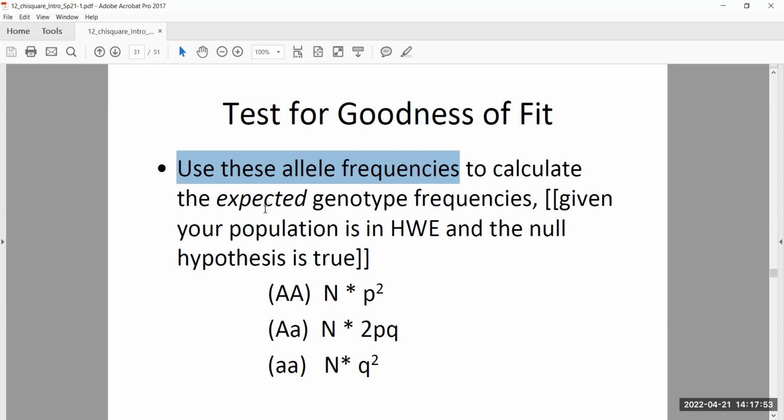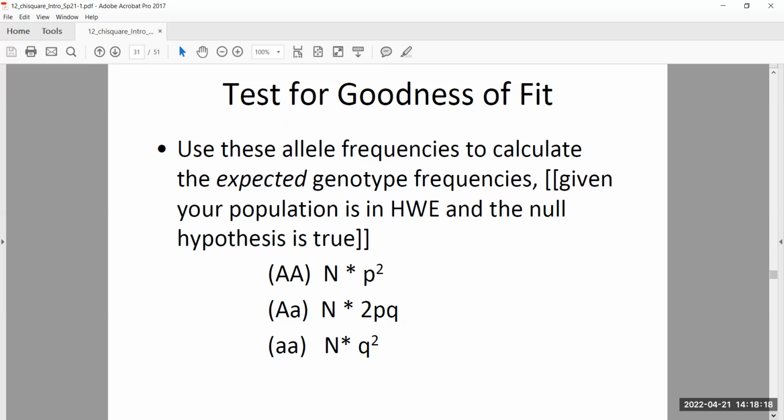And that is going to give us expected genotype frequencies. And if we multiply it times capital N, that's going to convert it from a frequency into a count. So these will actually be our expected count of each genotype, equivalent to the count of the genotypes that we started out with.